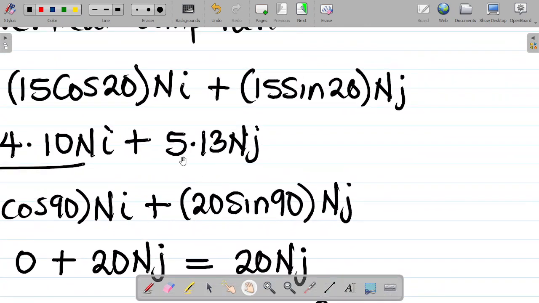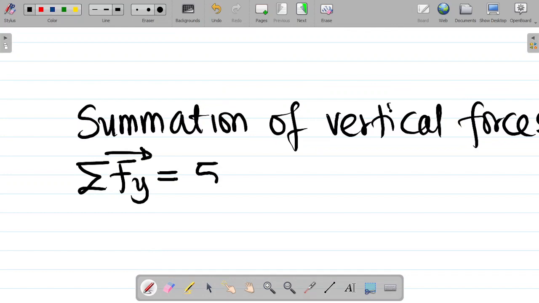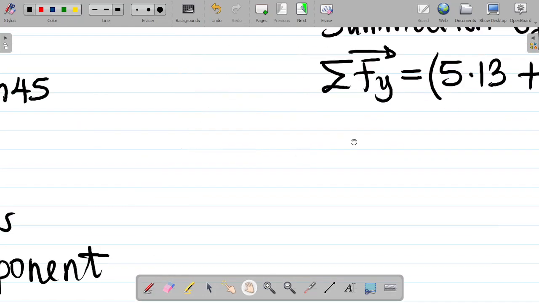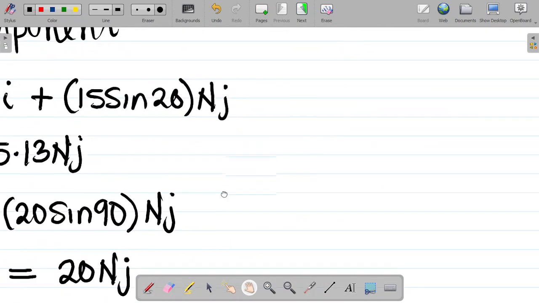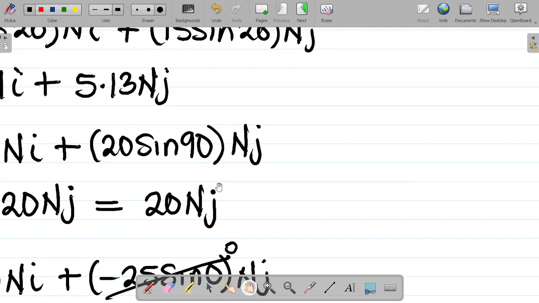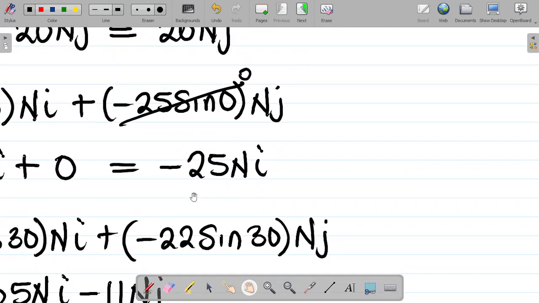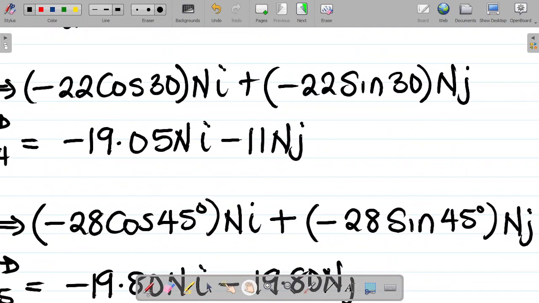The first we have there is 5.13 Newton J. I'll just take 5.13 plus, put this in the brackets. The second J value is 20 Newton J. So it's 20 plus, what's the next value there? After this next one, there's no J here, it's just I. So I'll leave it. Okay. Come here, you have this one here, which is what? Minus 11 Newton J. So I'll take this as minus 11.